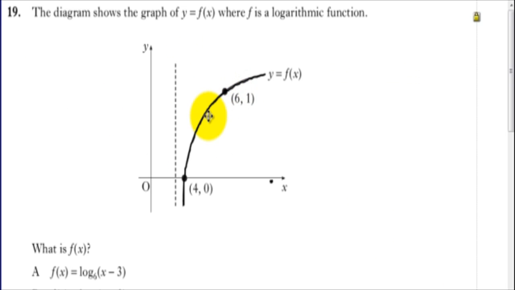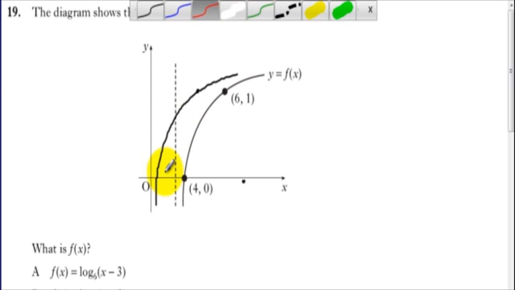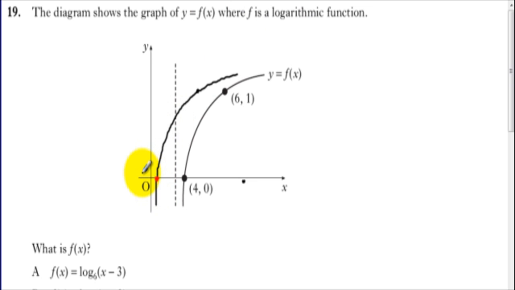This is a logarithmic function that's been shifted to the right from its normal position. If we imagine it moving back, the normal position would pass through the point 1, 0. Which means we have to move it back 3. This point would also be moved back 3 to the point 3, 1.